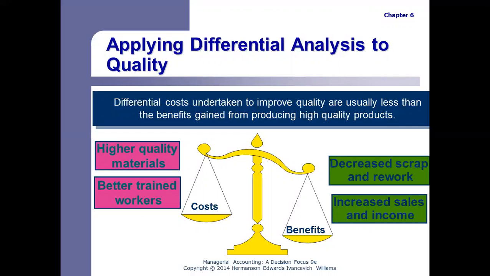Another factor that's not listed on this particular slide is if we outsource it and have someone else make it and we just buy it from them, what's going to happen to all the workers that used to make the product? If we're not making the product ourselves anymore, we don't need those workers. So we'll have to get rid of workers.